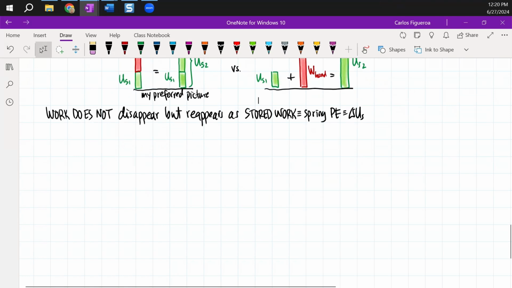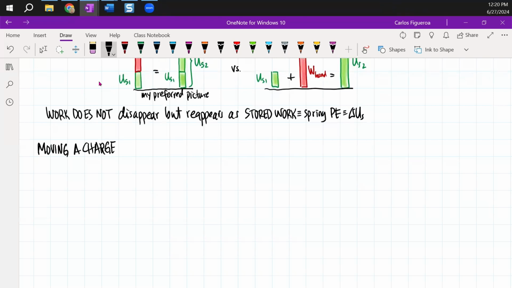So now let's do the exact same thing for a moving charge. So now I have a moving charge. So I'm going to try to do the exact same thing. This is very similar to the spring analogy. So now what I imagine here is that I have a sphere that's charged.